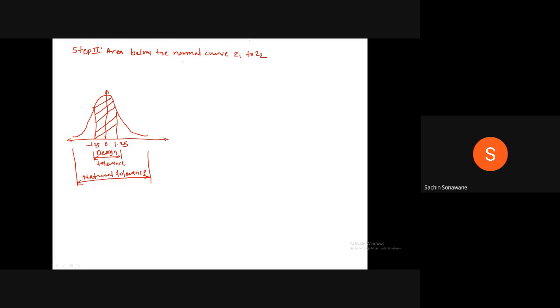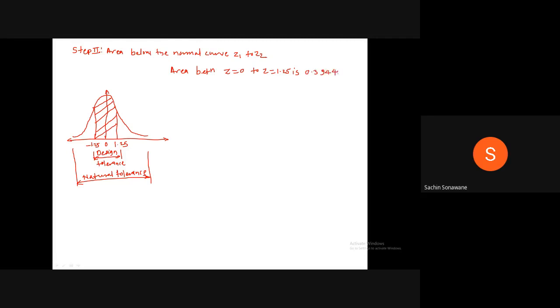Therefore, we will write here area between Z is equal to 0 to Z is equal to 1.25 is 0.3944.